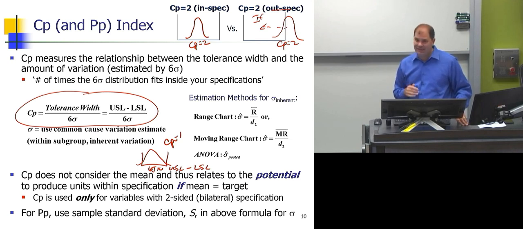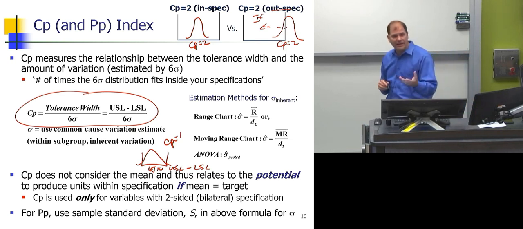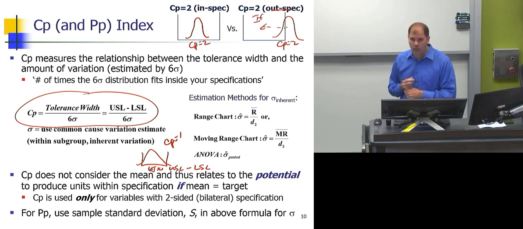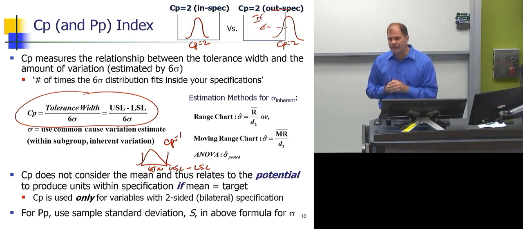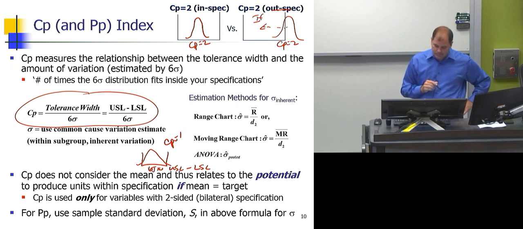Above 2 can be unlikely. It can happen, but 2 is fantastic. If you can fit 2 distributions inside your specification width, you have low variation. Even at 1, you're at a 99.73% quality level if your mean equals target. But if you can get that CP number to be higher, that obviously is better.